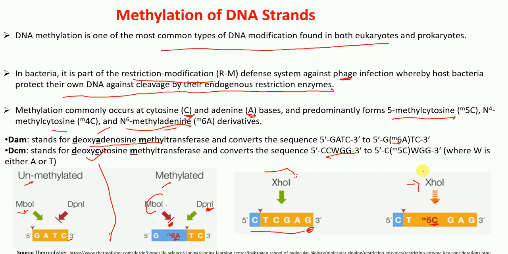So the synopsis of this slide, guys, is that methylation of DNA results in either complete blockage of the restriction digestion, or it can even lead to partial restriction digestion, or it may not affect anything. Any of these three possibilities can happen.